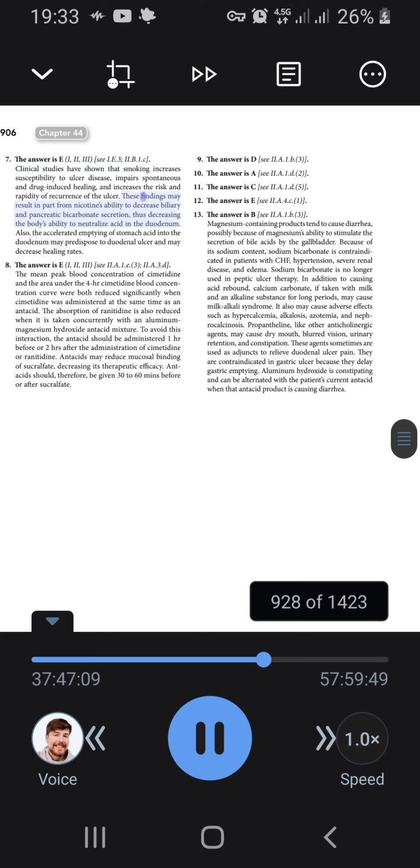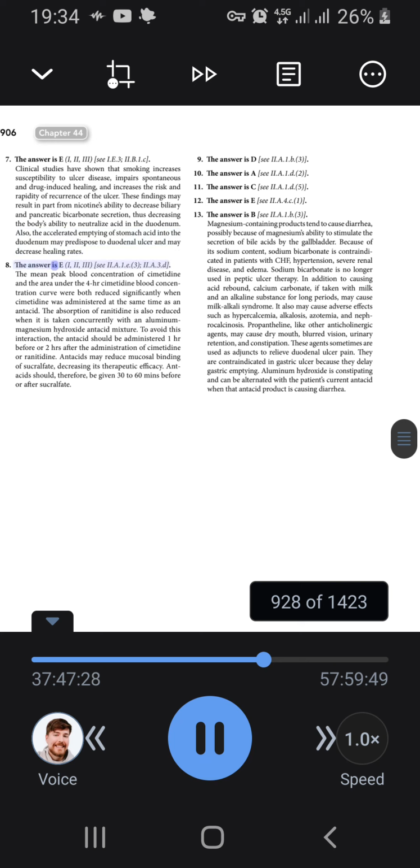These findings may result in part from nicotine's ability to decrease biliary and pancreatic bicarbonate secretion, thus decreasing the body's ability to neutralize acid in the duodenum. Also, the accelerated emptying of stomach acid into the duodenum may predispose to duodenal ulcer and may decrease healing rates.